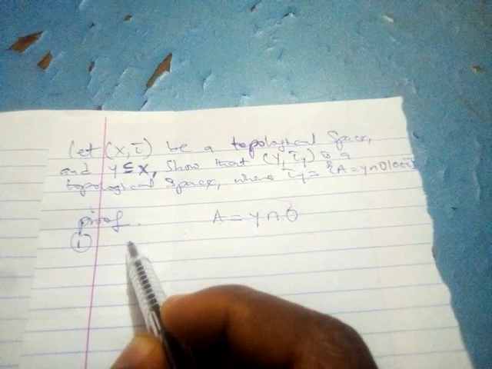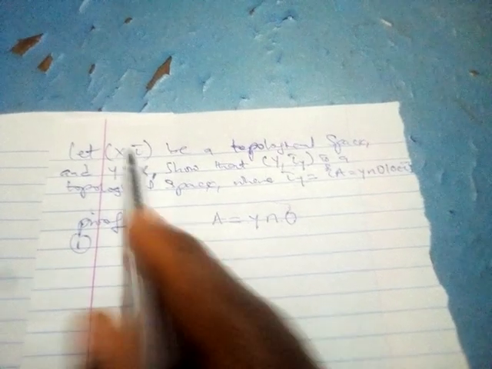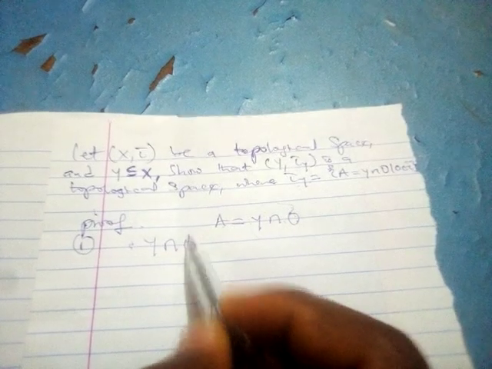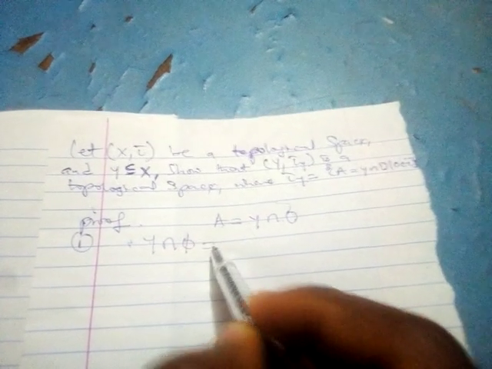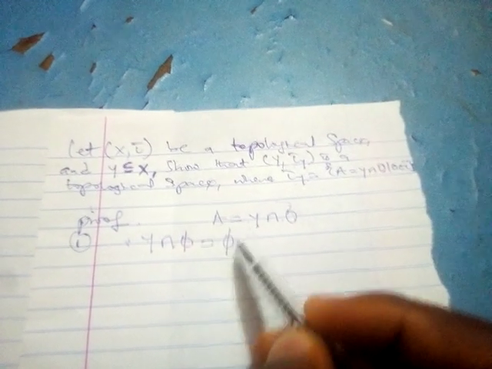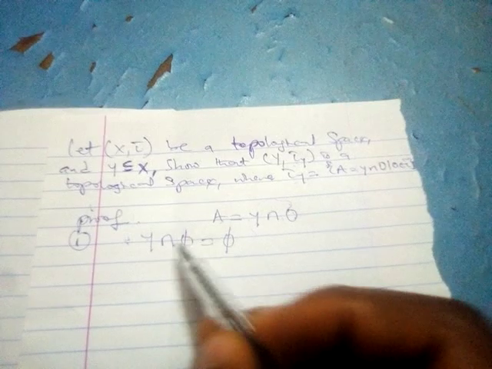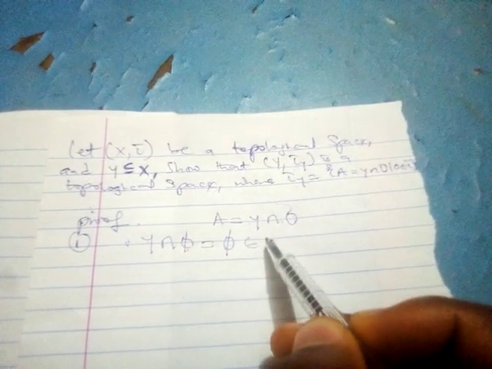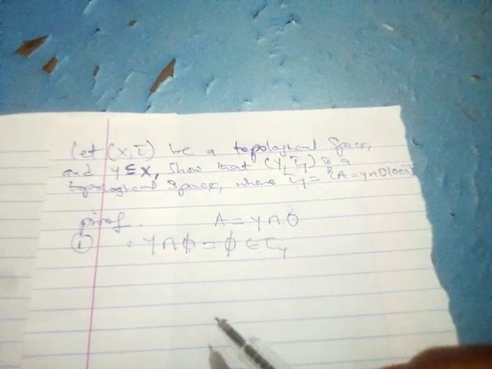So Y intersect the empty set gives us the empty set, and this shows that the empty set is in this topology.